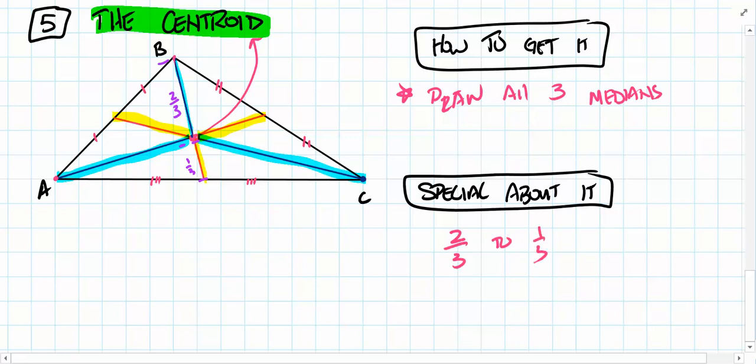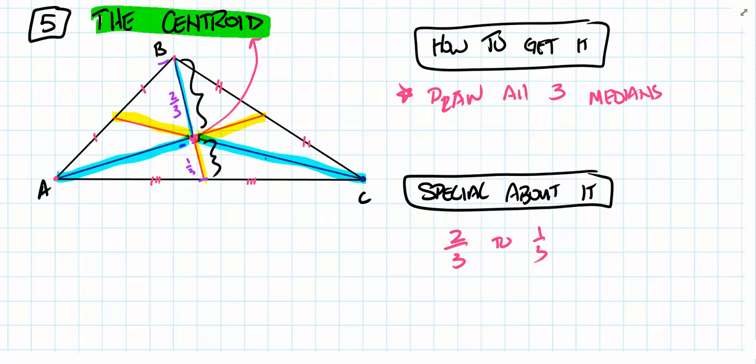The centroid is located at the spot that breaks up that median into 2/3 and 1/3. Cool thing about the centroid is, if we cut this triangle out and it was made of cardboard, the balancing point, like on the tip of a pencil, would be the centroid. It's equally weighted at that point, so it's the absolute center. That's a cool little fact.